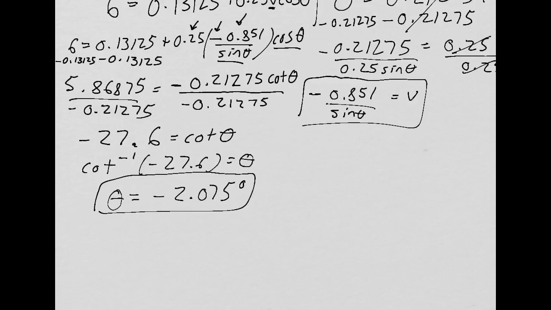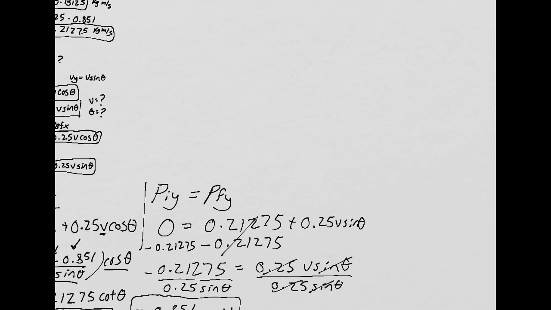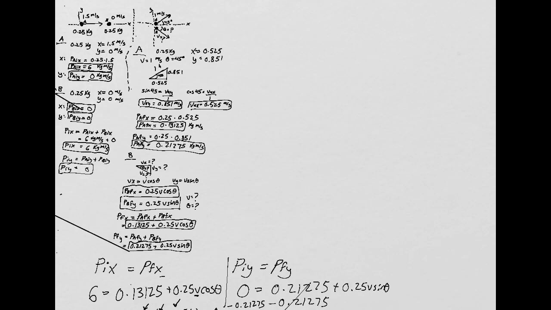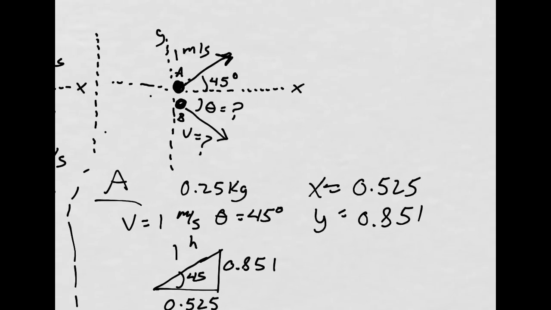All right. Does that make sense with what we expected? If we go all the way back up to our picture, we get theta 2.075 degrees, which seems to make sense because it's negative, it means it's going down.